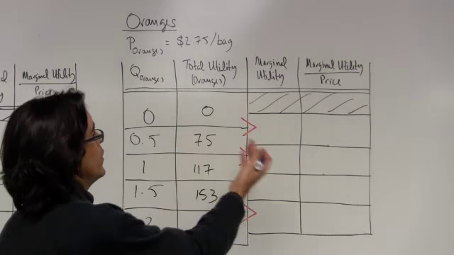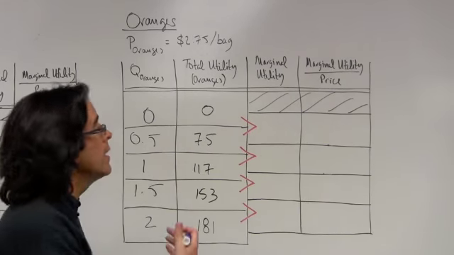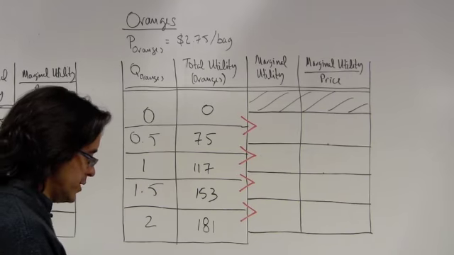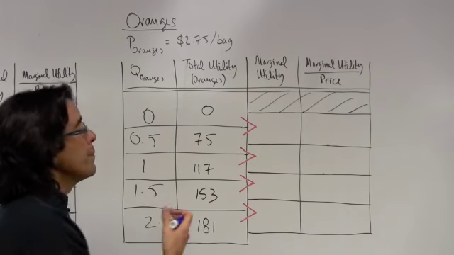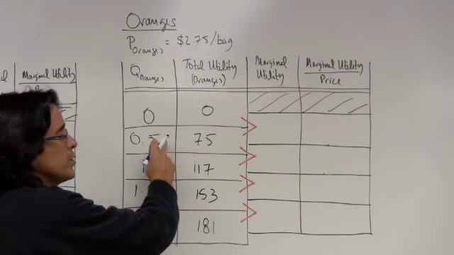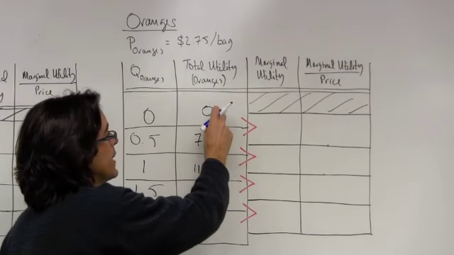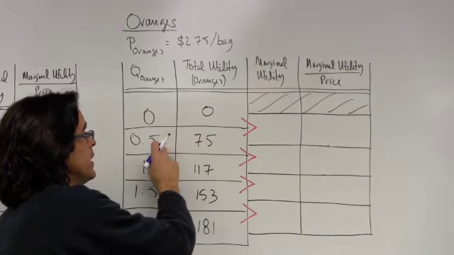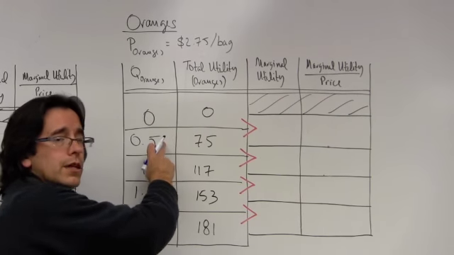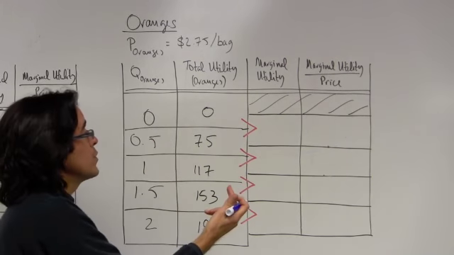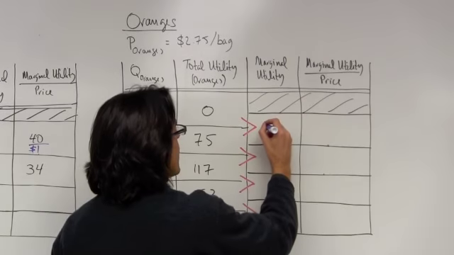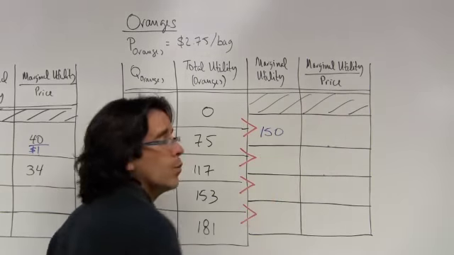Okay? So we could again go through the example of calculating that marginal utility. If we were looking at the marginal utility of going from 0 to 0.5 bags of oranges, we'd say 75 minus 0, the change in the total utility, divided by 0.5 minus 0, the change in the quantity, and the number we would end up with is 150.